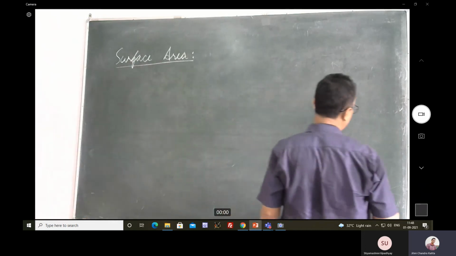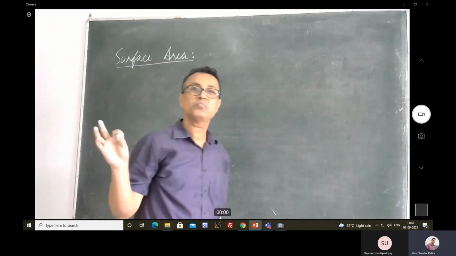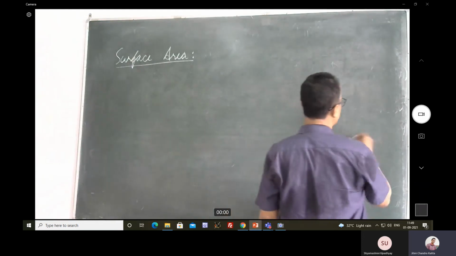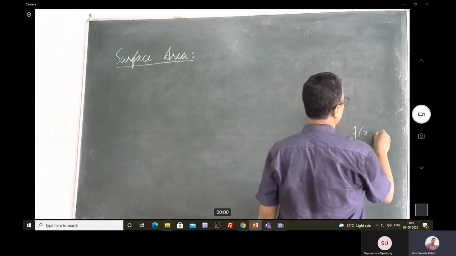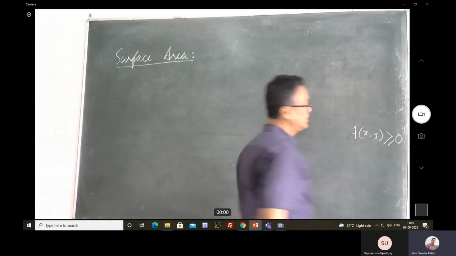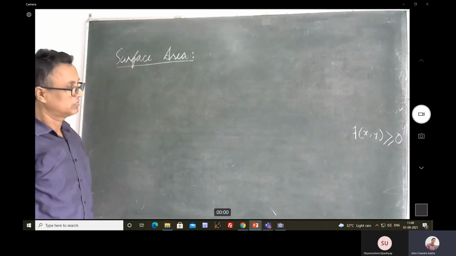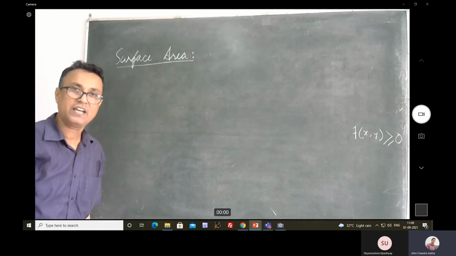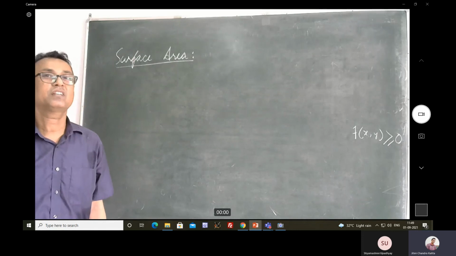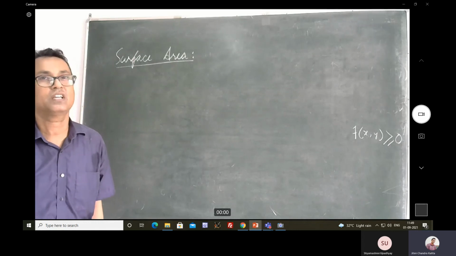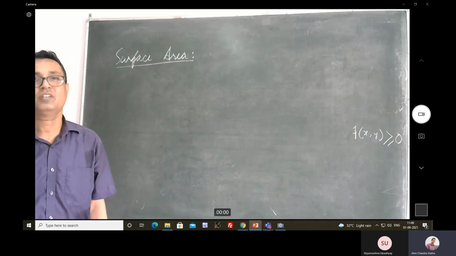And for simplicity, we are going to assume that the function that we are going to consider lies above the xy plane. But it doesn't necessarily mean that you cannot do it for any arbitrarily shaped surface. Okay.